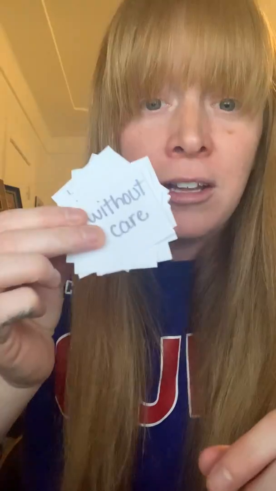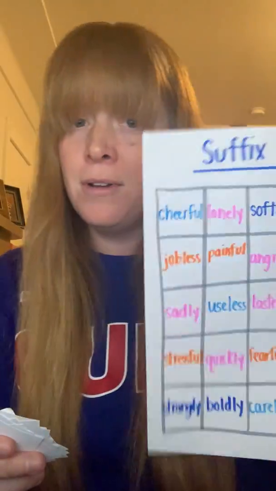Now, after you have your card, you have to make your calling cards. These are going to be what you call out whenever you find and make your bingo. So, it's our definitions. I'm not going to give you the definitions. It's going to be your responsibility to come up with the definitions on your own. So, if my first word was cheerful, I would find a card and I would have to write full of cheer.